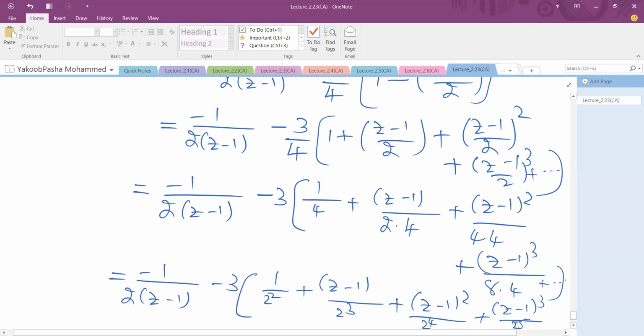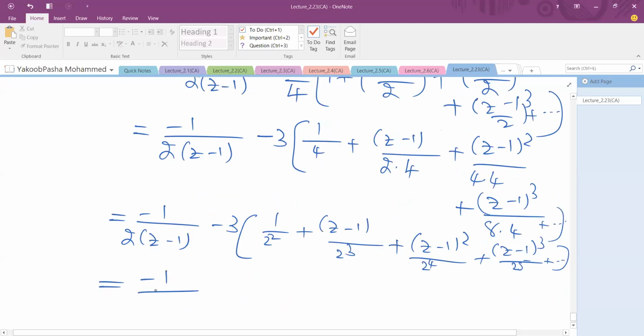Okay, so we can write it in summation notation. Summation notation is minus 1 by 2 into z minus 1 minus 3 into summation, starting from 1, because I will give options. Here 3 summation n is equal to 1 to infinity.